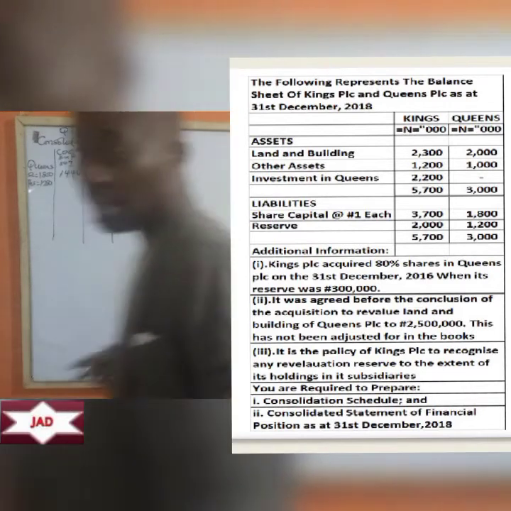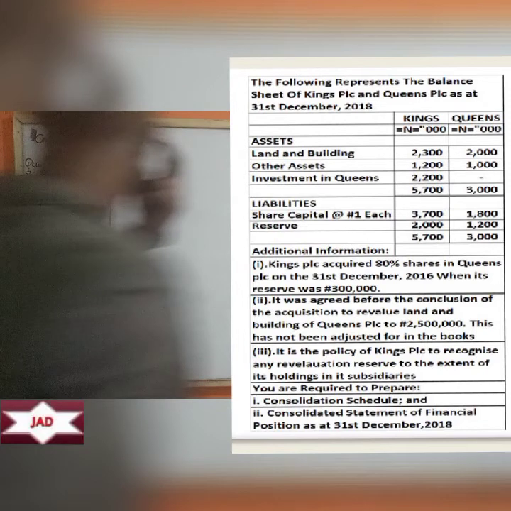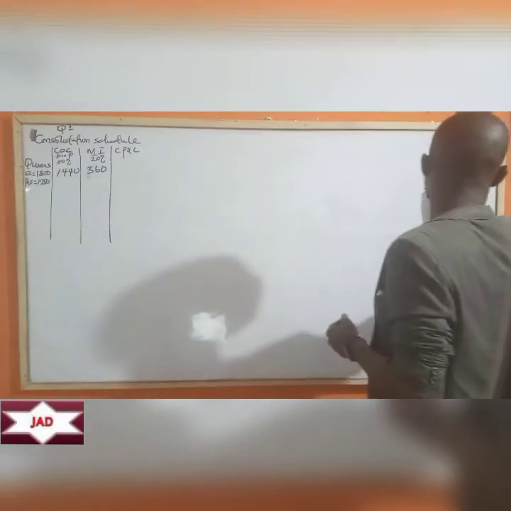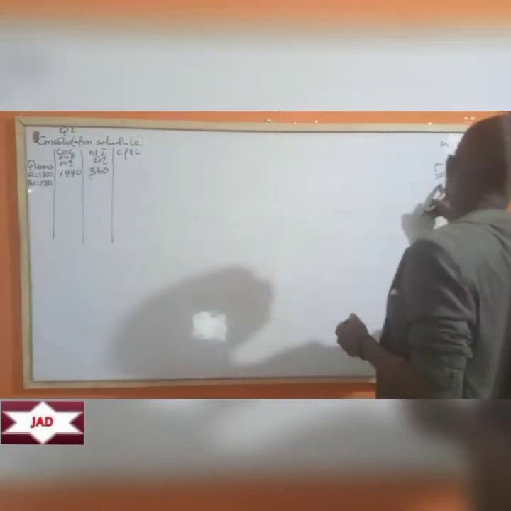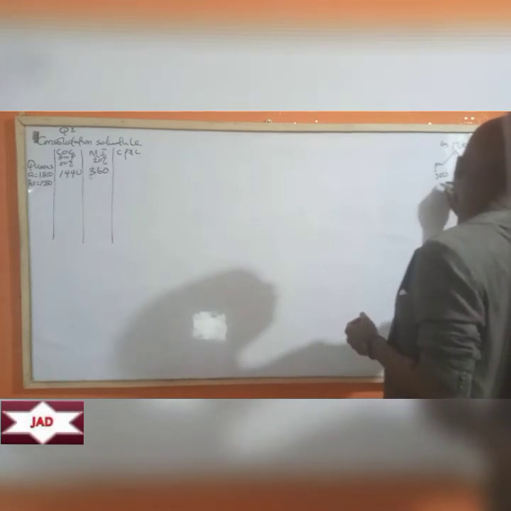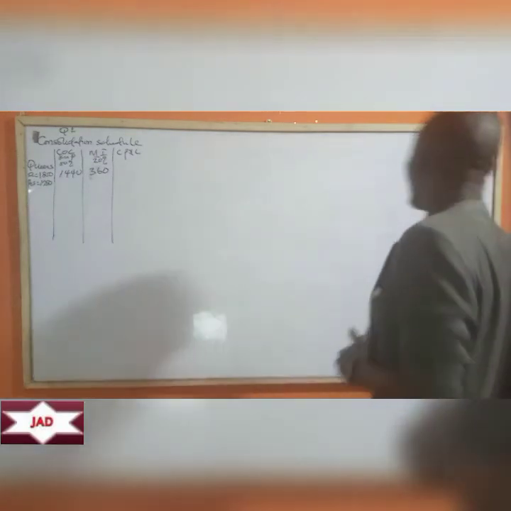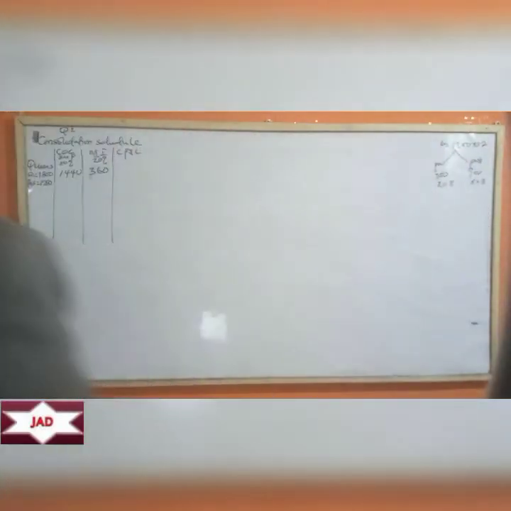Pre, according to the question, is 300. So 1,200 less 300 here. That means you'll be 900. So this is times 0.8, and this will be times 0.2. So 300 times 0.8 there.